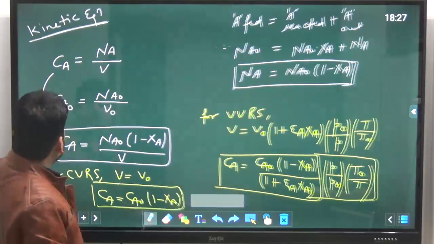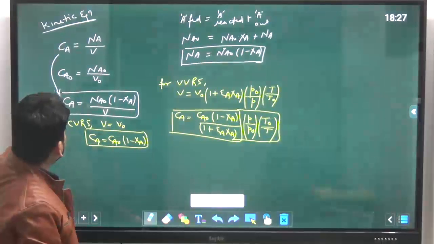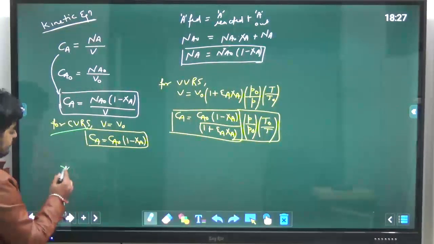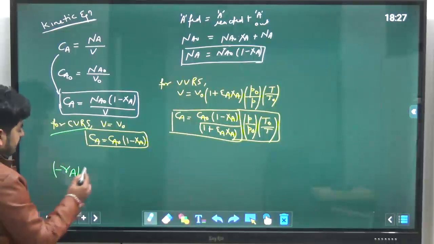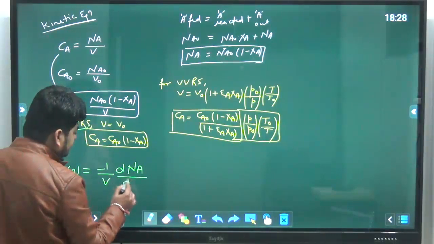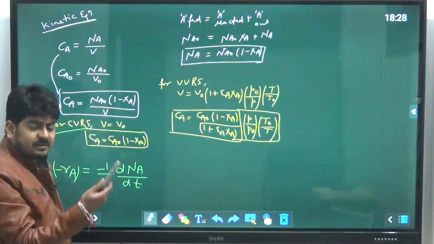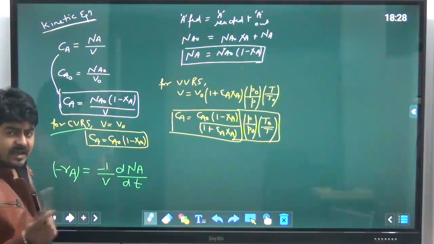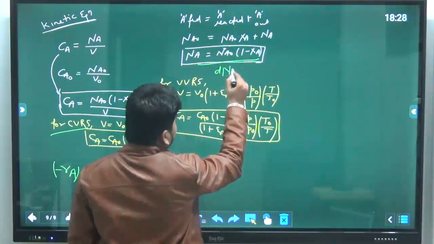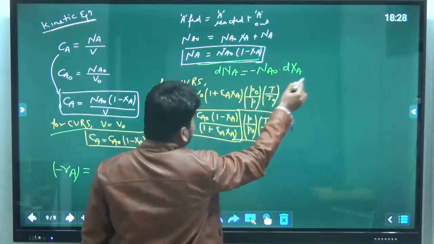Now if I talk about the rate of reaction, for a constant volume reaction system, your rate of reaction, minus Ra, was minus 1 upon V dNA over dt. This was the expression. You know that Na can be written as Na naught times 1 minus Xa, so dNA will be equal to minus Na naught into dXA.